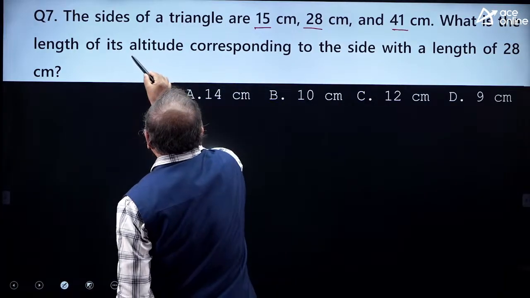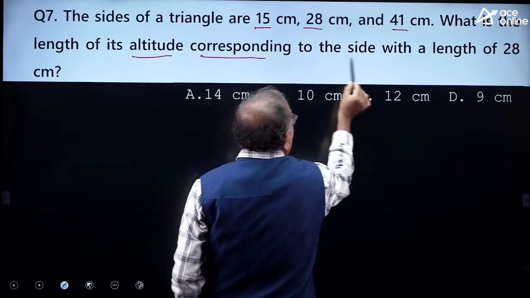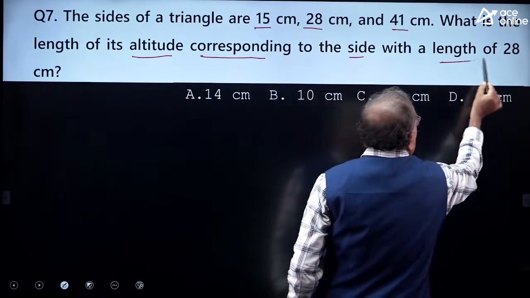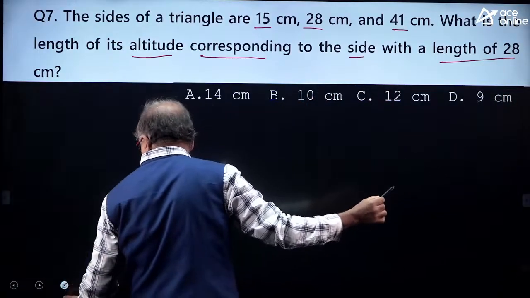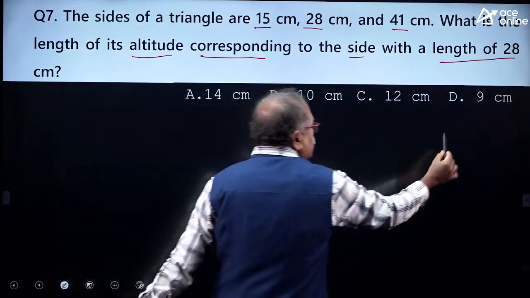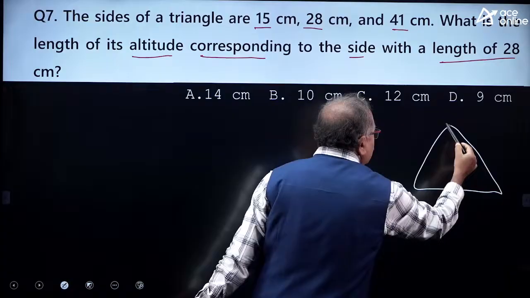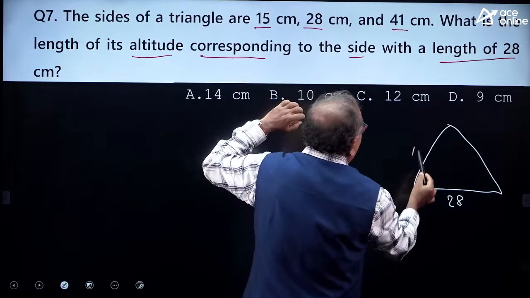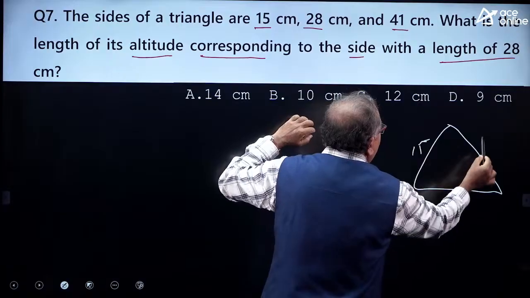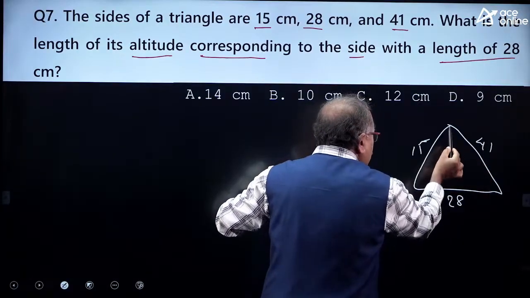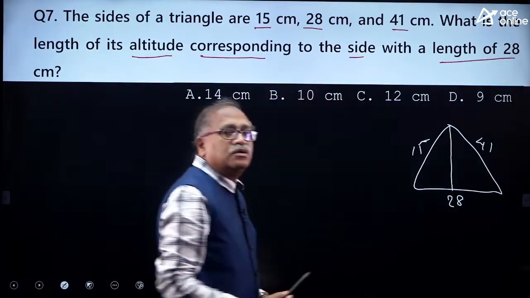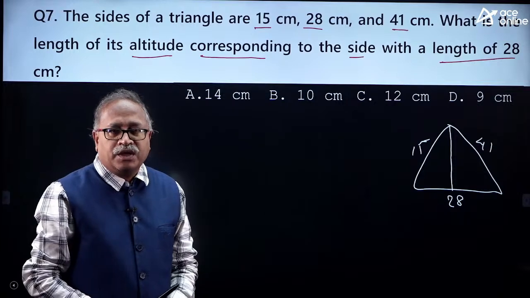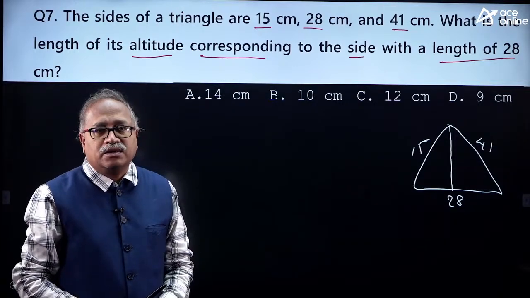What is the length of the altitude corresponding to the side with the length 28? That means it is asking something like this. Here it is 28, here it could be 15, and here it could be 41. So I need to find the height which falls on the side of length 28.